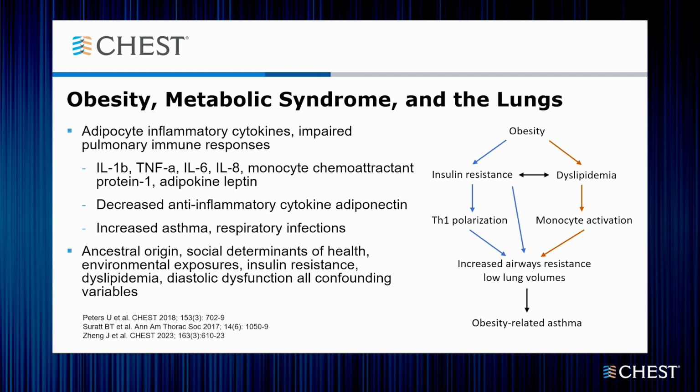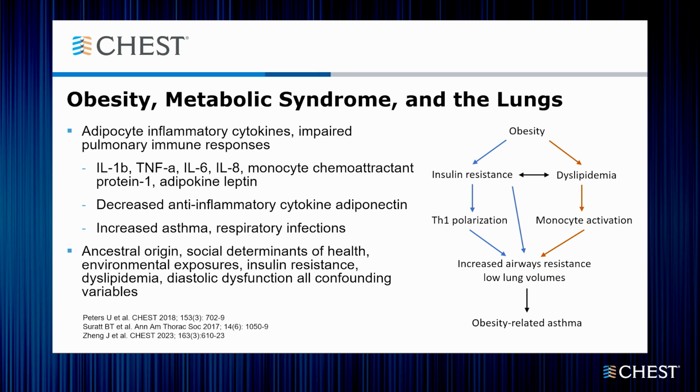Now, this is a summary of a beautiful summit at the University of Vermont that was published a few years ago, looking at some of the other things that we see in the lung due to obesity. Certainly there are a variety of different studies that have suggested that adipocytes are responsible for a whole variety of inflammatory cytokines that perhaps lead to inflammatory small airways disease, separate and distinct from the physiologic changes that I've just described to you.